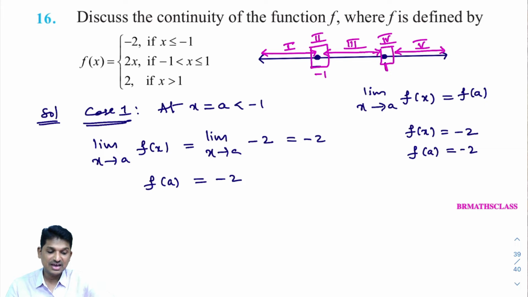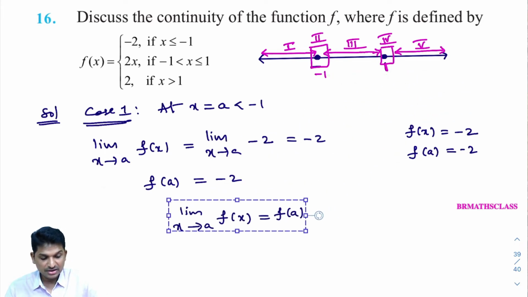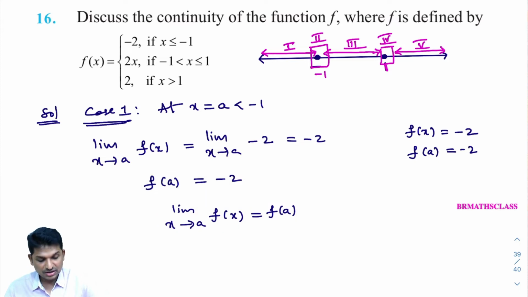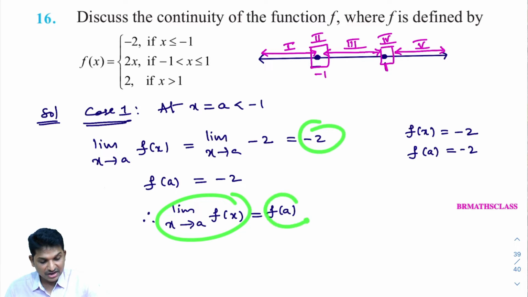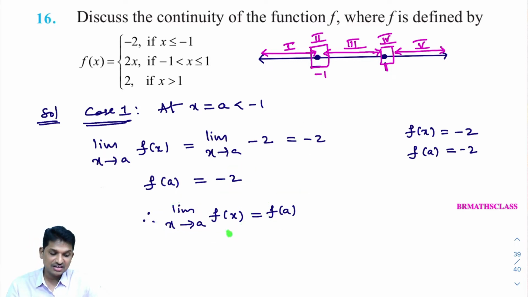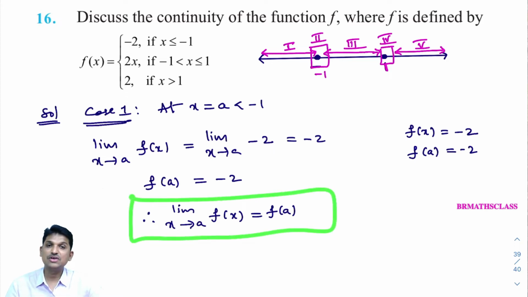So what can I say? I can say that these two are equal. Therefore, this value is minus 2, and this value is also minus 2. The limit as x tends to a of f of x equals f of a.